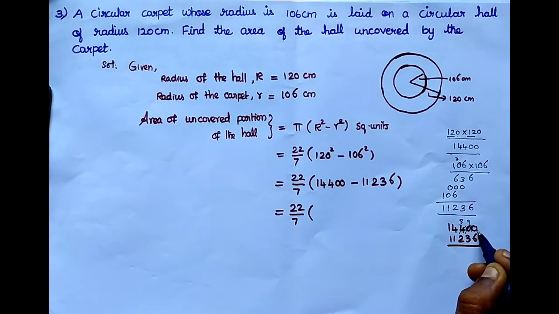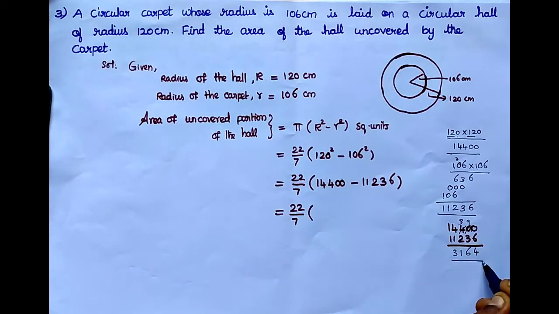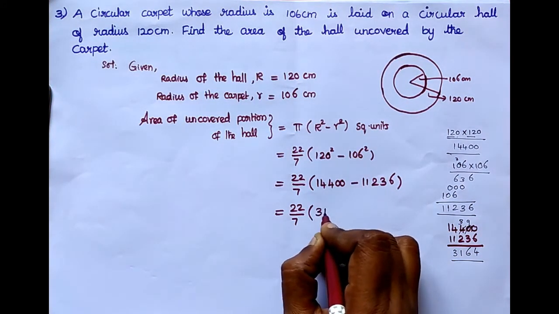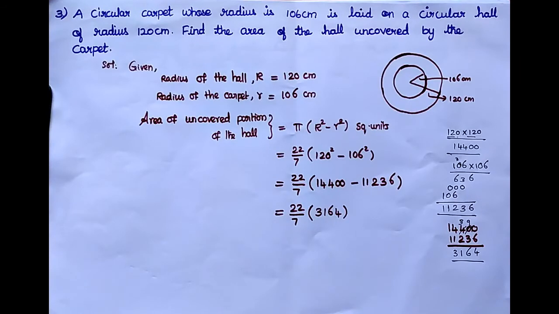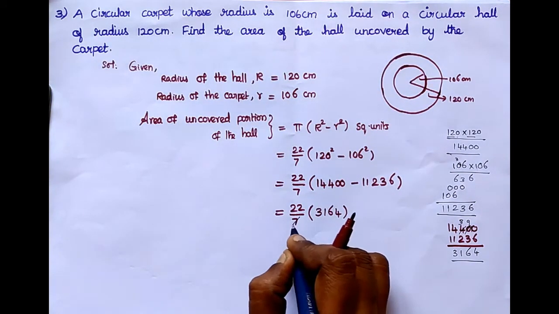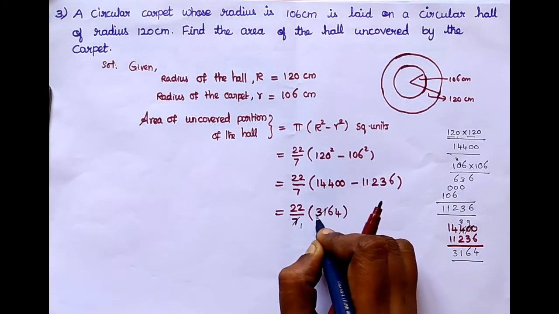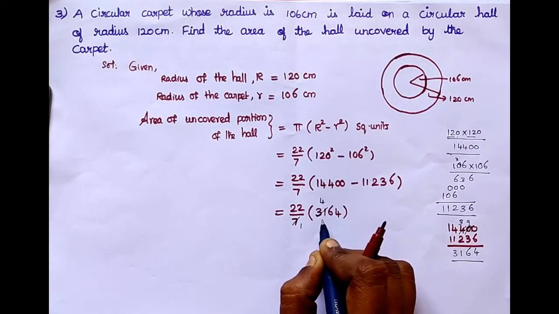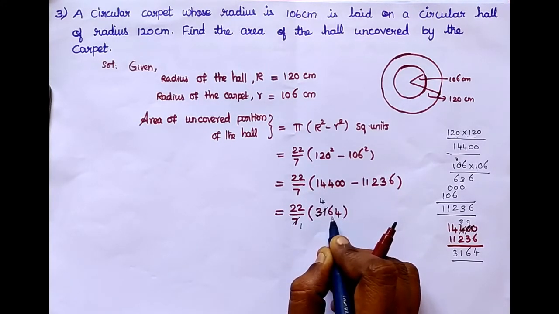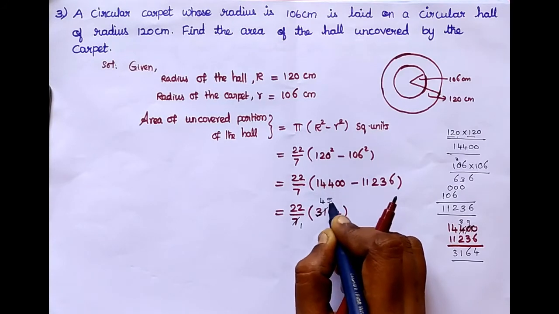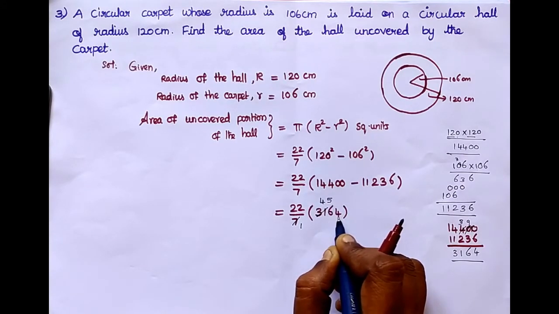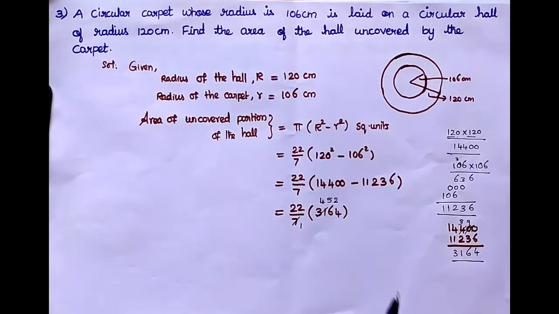Here 10. 10 minus 6, 4. 9 minus 3, 6. 3 minus 2, 1. 3164. Now cancel the numbers. 1 7 is 7. 4 7s are 28. Balance 3. It becomes 36. 5 7s are 35. Balance 1. It becomes 14. So that is 2 times.